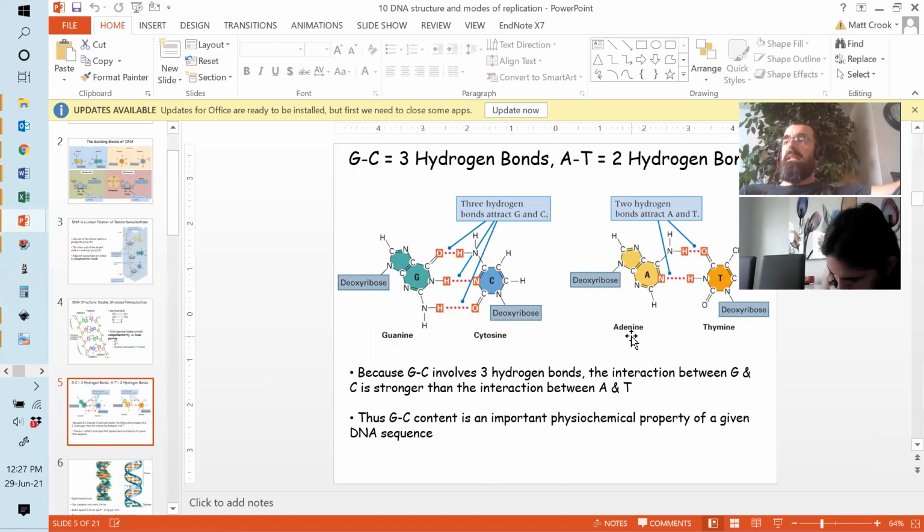Now, another key point to remind you of is that the number of hydrogen bonds between different bases is not the same. So between A's and T's, adenines and thymines, we have 2 hydrogen bonds, and that's because that's the maximum number that can form, right?